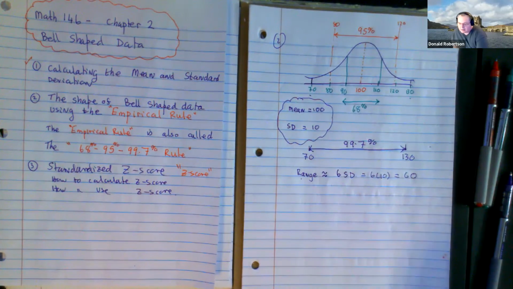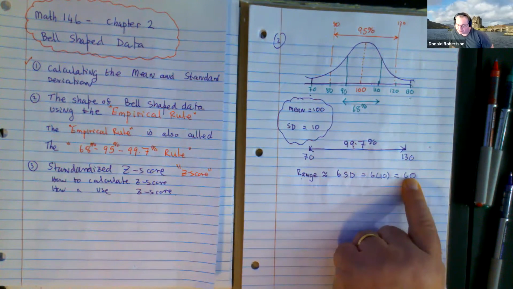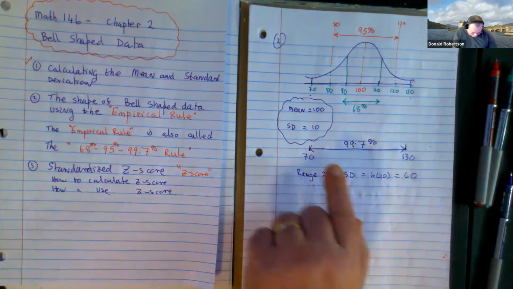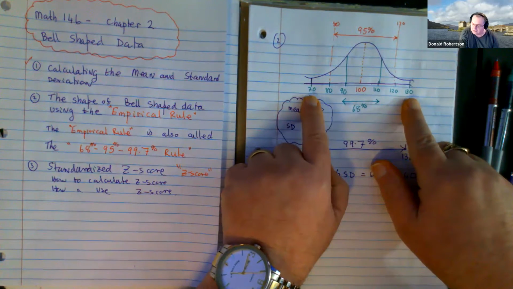So if I collected a big sample of Americans and I found out what your IQs were, the range, biggest take away smallest, is approximately 6 standard deviations. It's about a range of 60. And if you look at that, isn't it the difference between here and here?